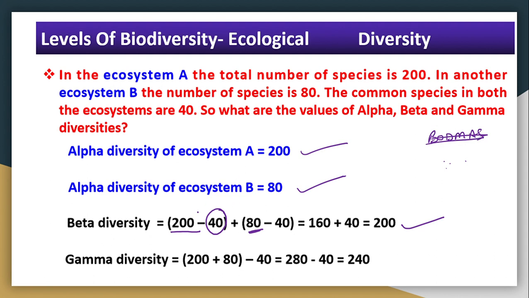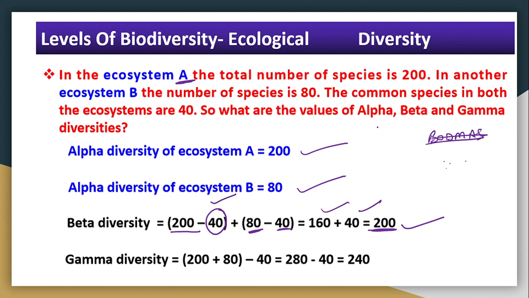So always remember that common you have to subtract individually. You're not supposed to add and then subtract it. So I subtracted 40 from 200 and then 40 from 80. So I got these answers and then I can add and figure it out. My beta species is 200. Then what about the gamma species? Don't make a mistake.